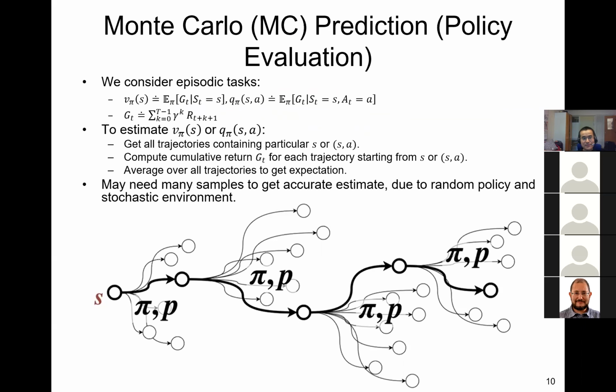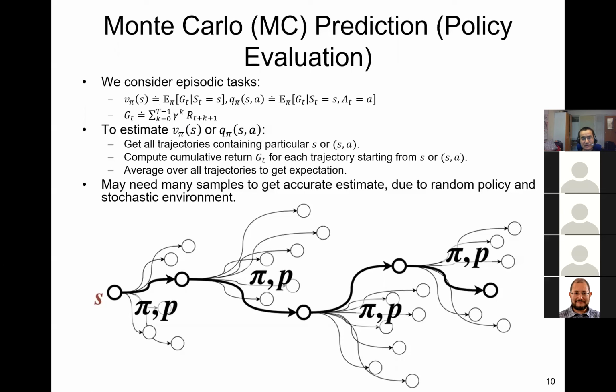So consider episodic tasks for MC-based prediction, where you have finite length episodes, and value of a given state for policy pi is to start from the state S and taking actions based on pi and counting the cumulative reward, denoted as G_t, with the discount factor gamma.